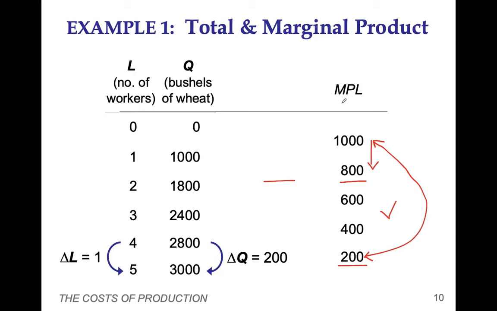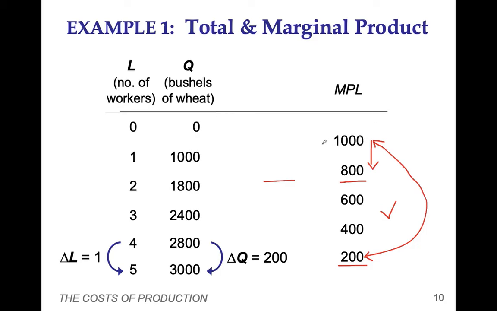So MPL, the marginal product of labor, represents the productivity of each additional worker. And in general, the marginal product represents the productivity of each additional unit of input.